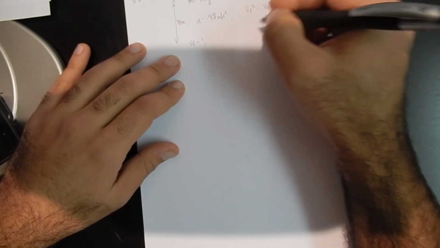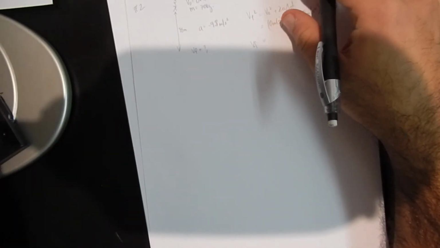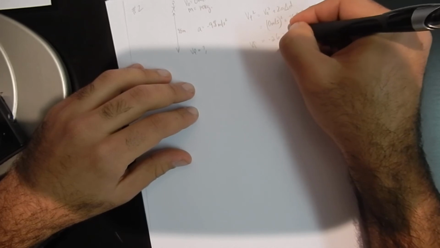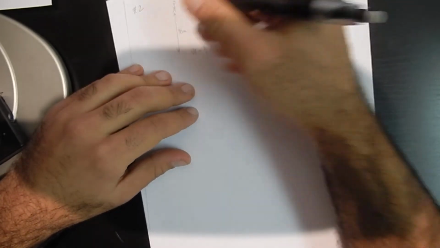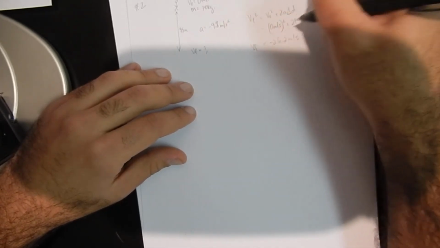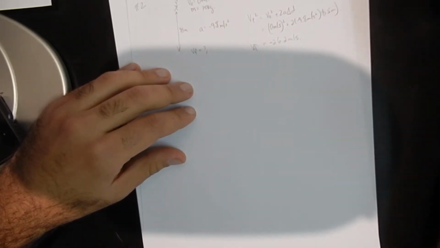And then for Vf, if you do the calculations, it is equal to negative 26.2 meters per second. And it's negative because he's going downwards, all right? You may have difficulty as to why, but it's because he's going downwards.